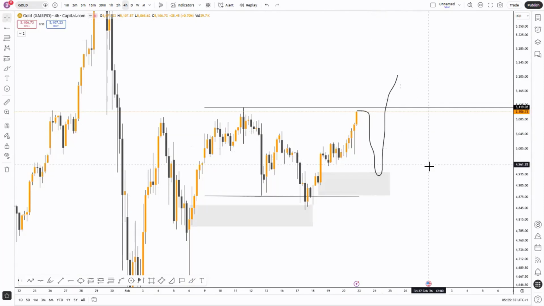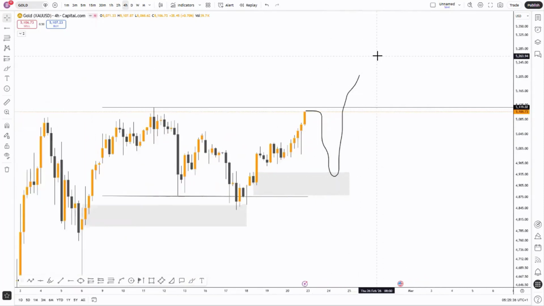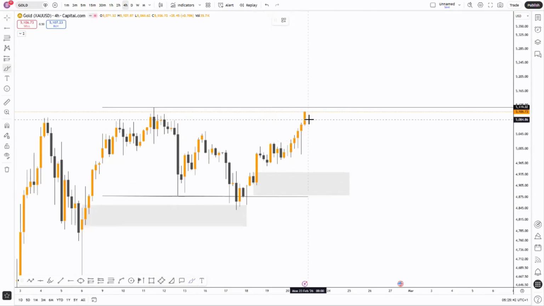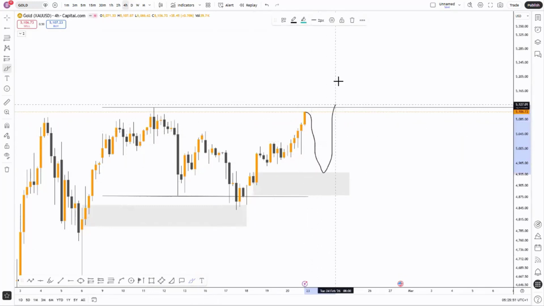Now I'm expecting price to sell into this zone and start buying, or either way gold might just open and keep buying. That's just one thing with gold. But if gold decides to sell into this zone and buy, then I'll take it.